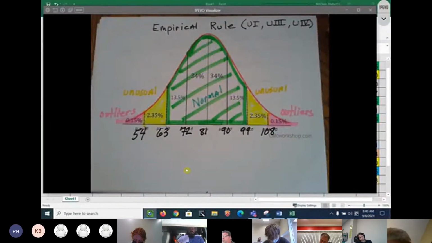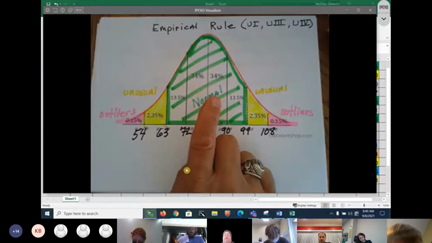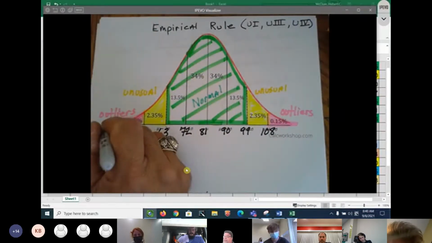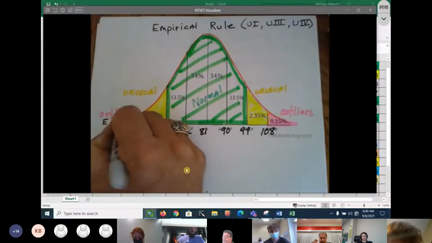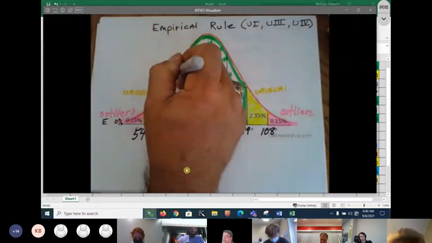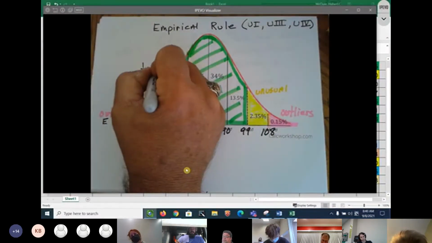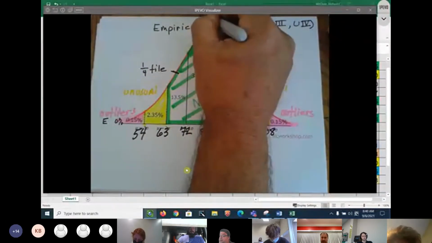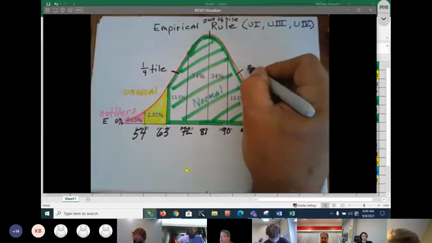Now, I want everybody to look at this thing as the fuel indicator on your car. Somebody tell me what the extreme left is. Empty. That's 0%. And somebody tell me what this is. That's your first quartile. And this is your second quartile. And this is around your third quartile.